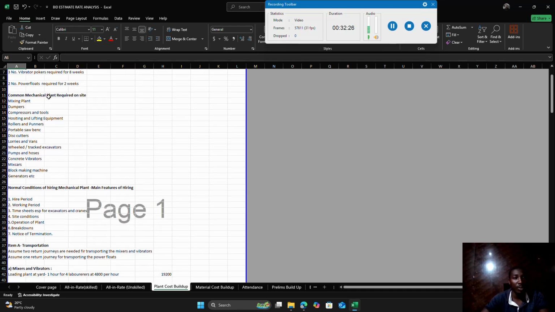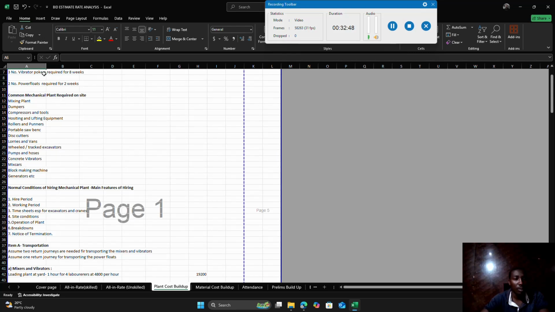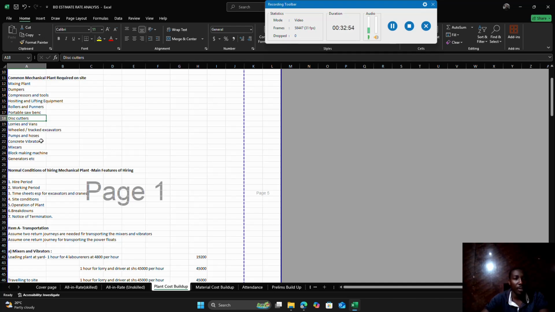So the common mechanical plant required on site, you have to know what plant you will usually need to hire. You may need a mixing plant, dumpers, compressors and tools, hoisting and lifting equipment, rollers, portable saws, cutters, lorries and vans, wheel trucks, excavators, pumps and hoses.